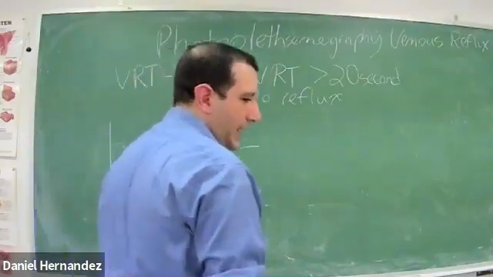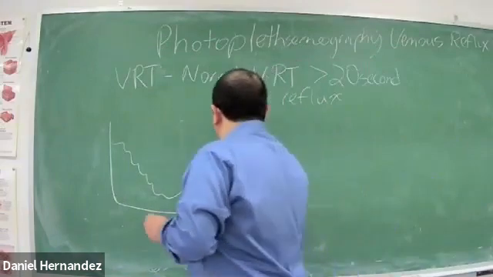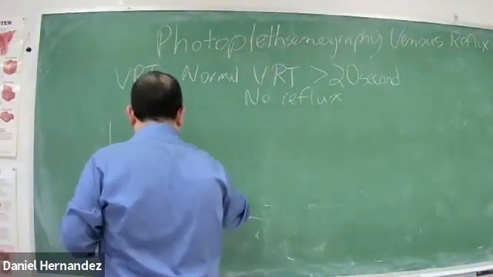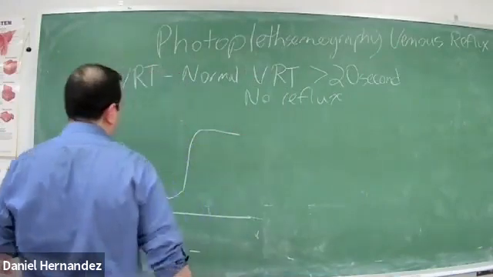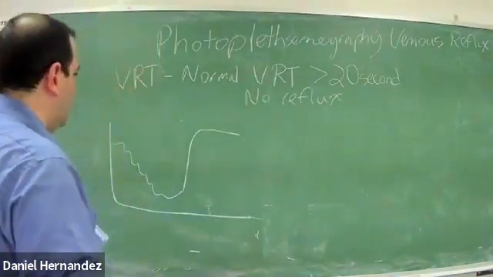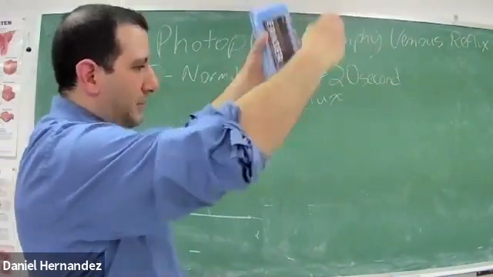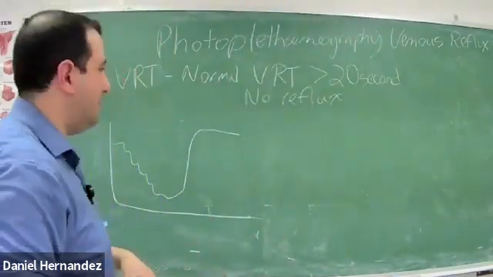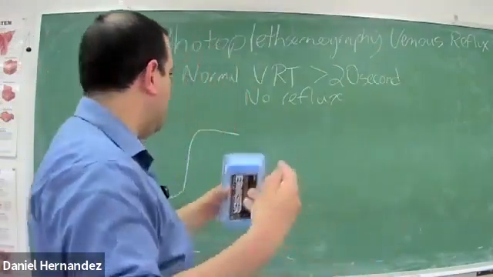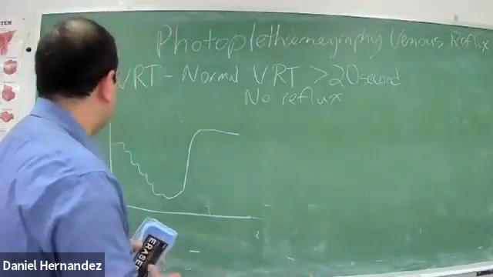Then if we have them do this and we get a fast venous refill, so the blood flow returns back to the calf quickly, that means that we have leaky valves in that calf. We pump the calf, we empty the calf of blood, flow goes up, but then all of a sudden it comes right back down because those valves are incompetent and the calf muscle isn't being filled by the natural progression of blood flow from the arteries through the capillary bed.